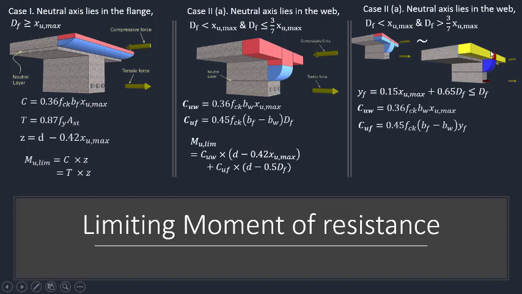Now the compression force in the flange is 0.45 times fck into area of overhang flange portion, which is given by width of flange minus width of web into the reduced depth of flange YF. This force will have a lever arm of d minus 0.5 times the reduced depth of flange YF. The limiting moment of resistance can now be given by multiplying compression force in web and compression force in the flange with their respective lever arm.